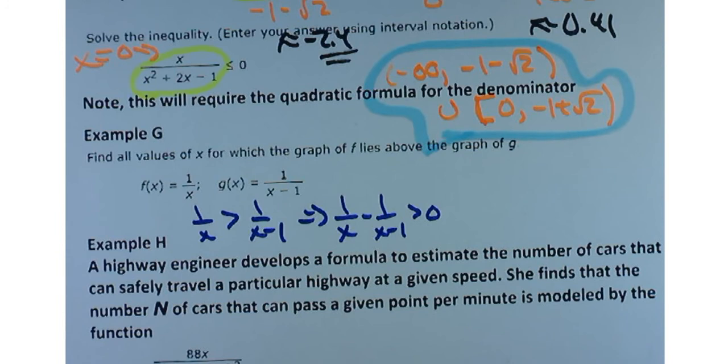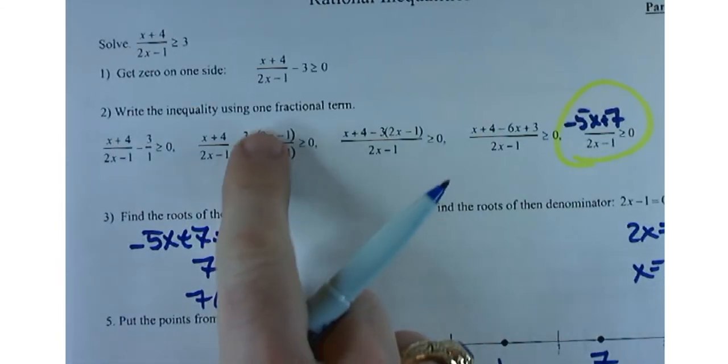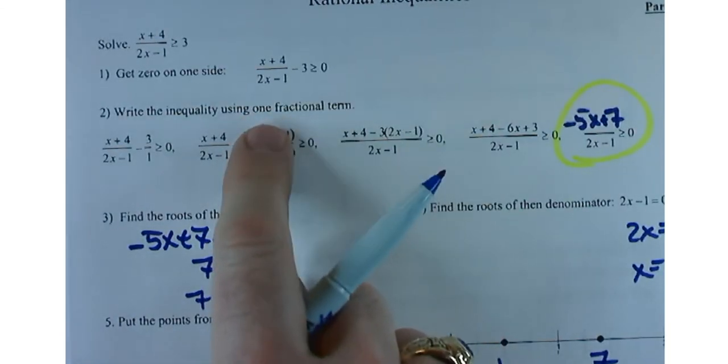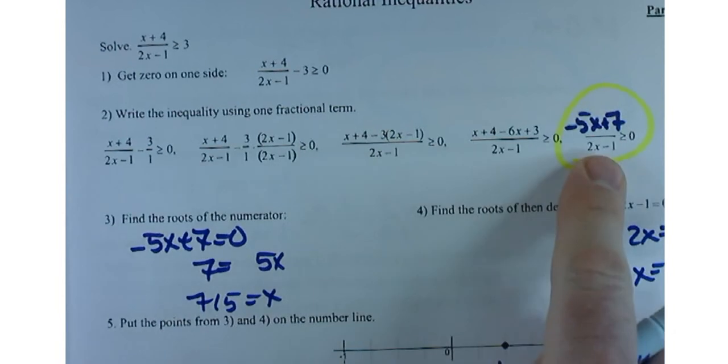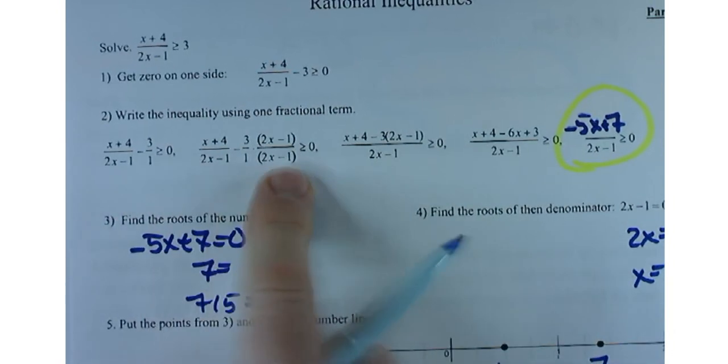Well, not so fast. Then, let me remind you of something else we have to do with things like this, and that is, we've got to get the expression written with one fractional term. That's this part right here. You got to write it with one fraction, not two.